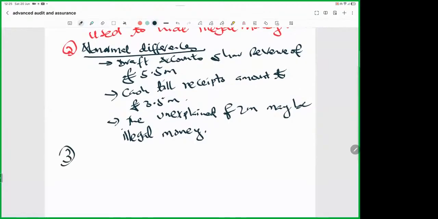The other item, we have a suspicious transfer.